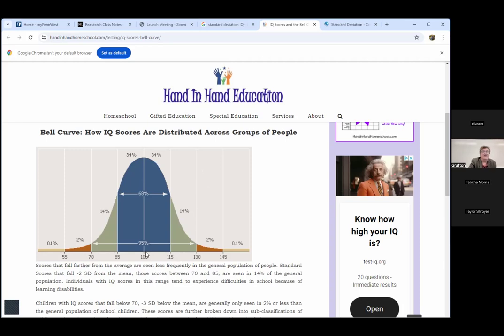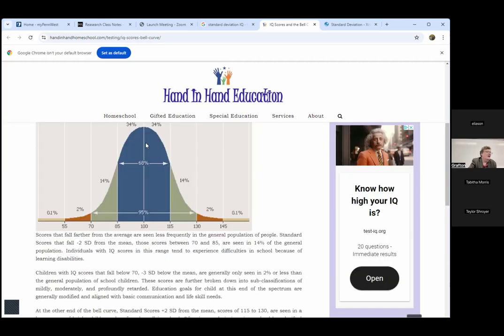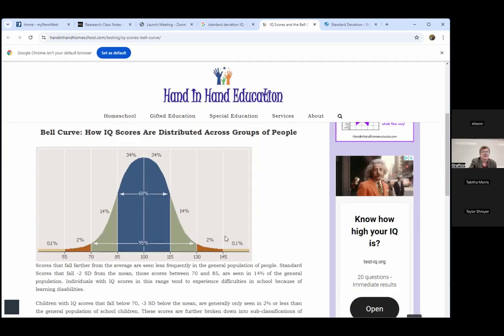If it's an IQ, it's always 15 points on the IQ scale in each direction, but not every test is like that, only the IQ. That's why I just memorized 34, 14, and 2, and that's it. Those are the normal standard deviations, plus or minus.